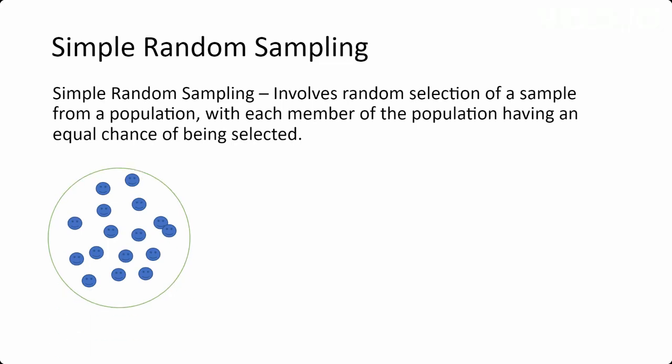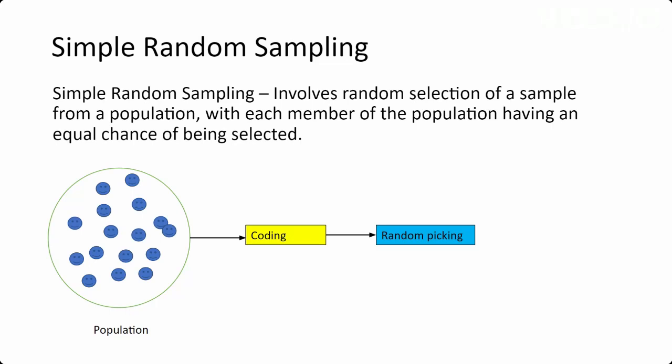In our case, we can have a population, and we can code the population, giving each member a code or a number, and then those numbers are randomly selected.